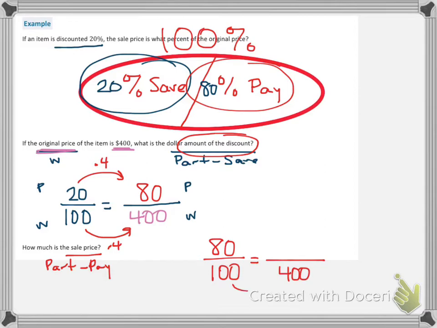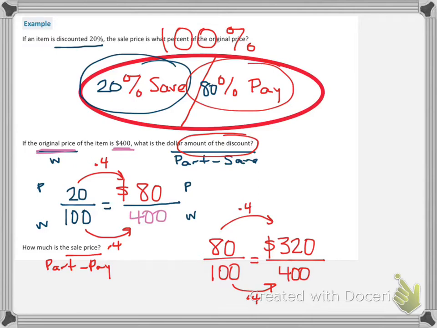And now I can use a constant. 1 times 4 is 400. 8 times 4 is my answer. That's 320. So that tells me that the sale price is $320. The discount is $80. Add those together, you get the original price.